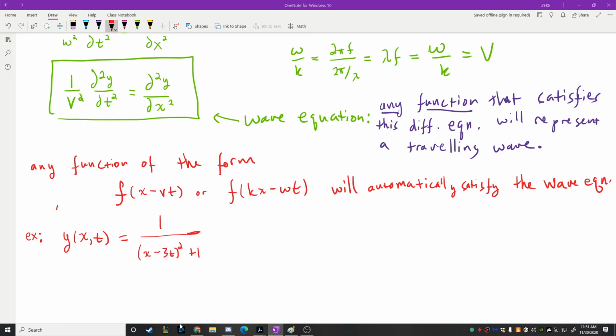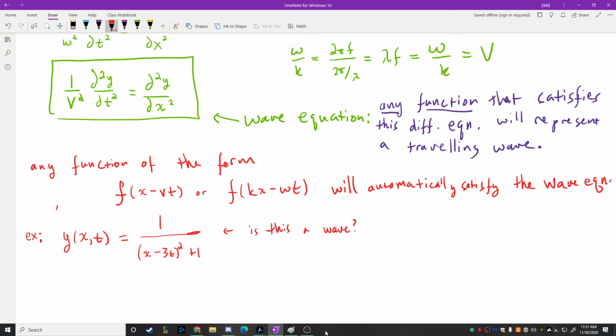You can plot it on your calculator if you want to. I mean, it's not easy to plot because you've got x and t, right? So it's difficult. You kind of have to pick values of t here. But you could ask the question, is this a wave? Or could this represent a wave? What does your intuition tell you?